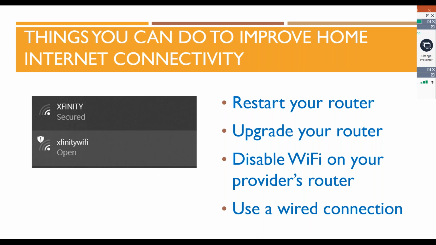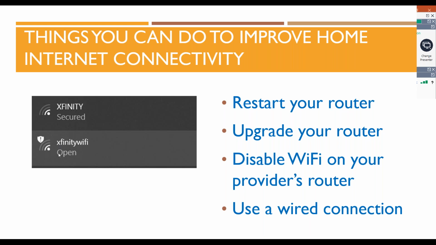Number 3 here is disabling Wi-Fi on your provider's router. A lot of times AT&T and Comcast both provide free Wi-Fi, and you can see that in the screenshot here, and they use your bandwidth to provide that Wi-Fi to the public.